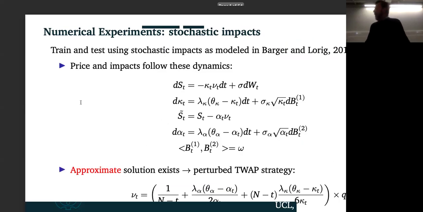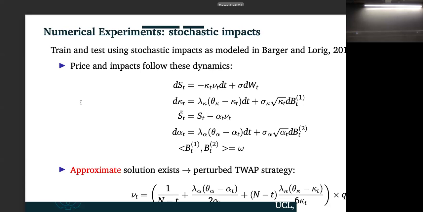And a similar phenomenon can be observed with stochastic impact. So that's a more sophisticated time varying impact. It's a model where, essentially, this is a continuous time version, taken from this paper by Barger and Loring, that of course is discretized. In this case, the price follows an arithmetic Brownian motion with the drift and of permanent impact, but the permanent impact coefficient follows a mean reverting stochastic process, with mean revert to the value theta k.